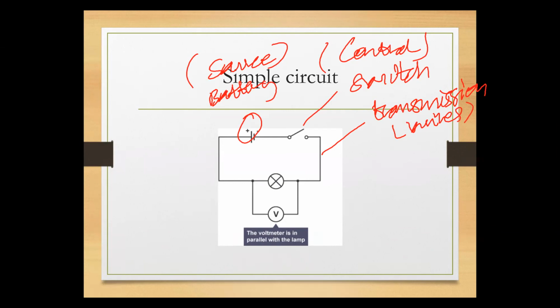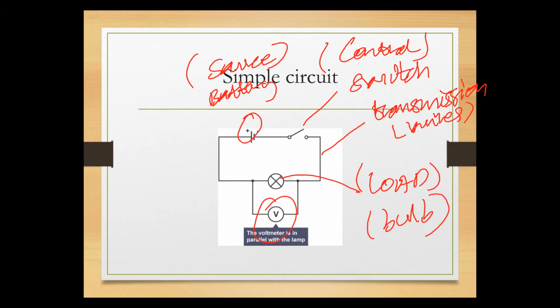And then we have our load there, let's say, for example, a bulb. So our four things are already there. 1, 2, 3, 4. Then now we have an extra thing. We have a voltmeter. As we said, it's plugged across to measure volts that our bulb is showing in the circuit. So that's an example of a simple circuit.